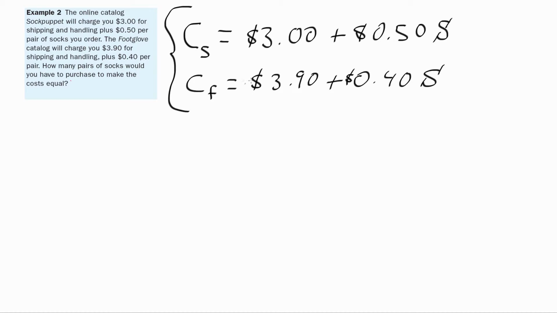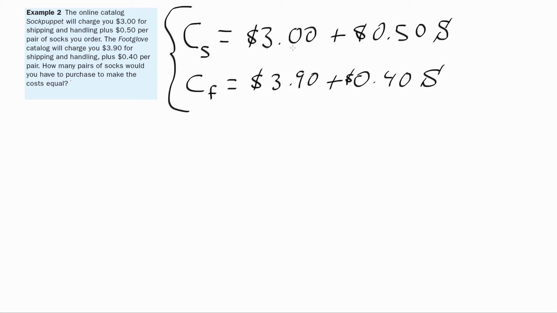Now we want to go in and solve it. We can do this by substitution. And they want to know how many pairs would make this equal, so that's saying that these two equations equal each other. And so I'm going to go ahead and create my expression. I'm going to use the C sub S as my value.